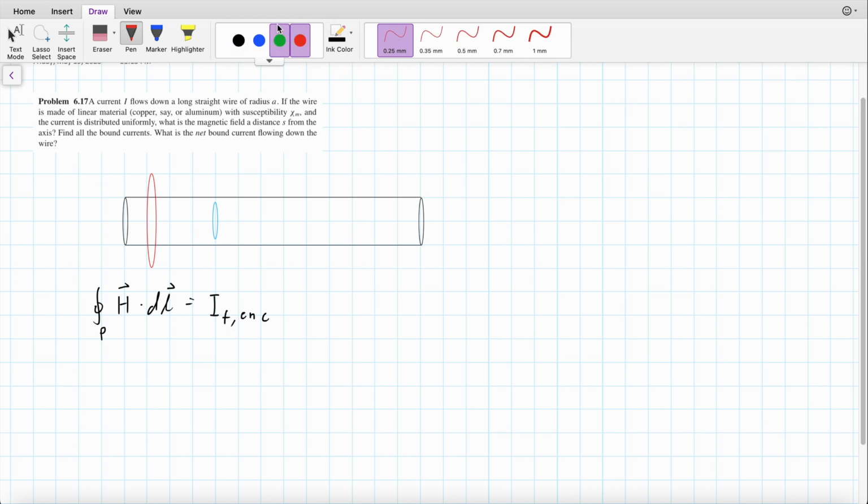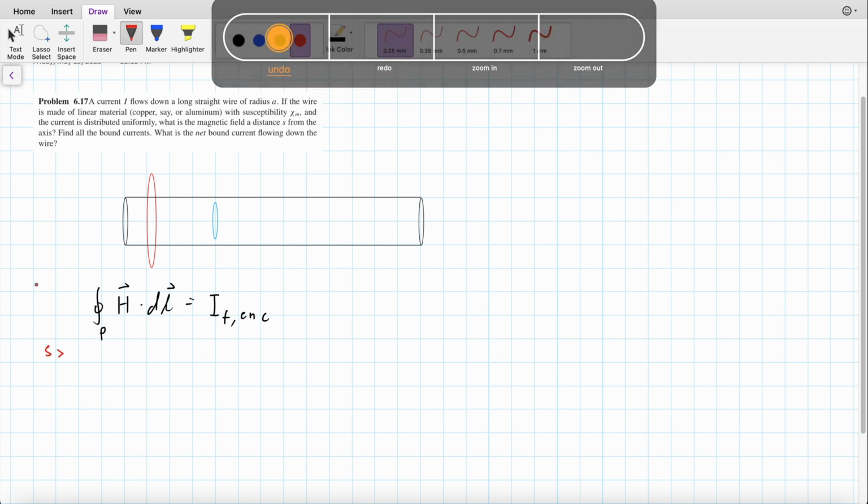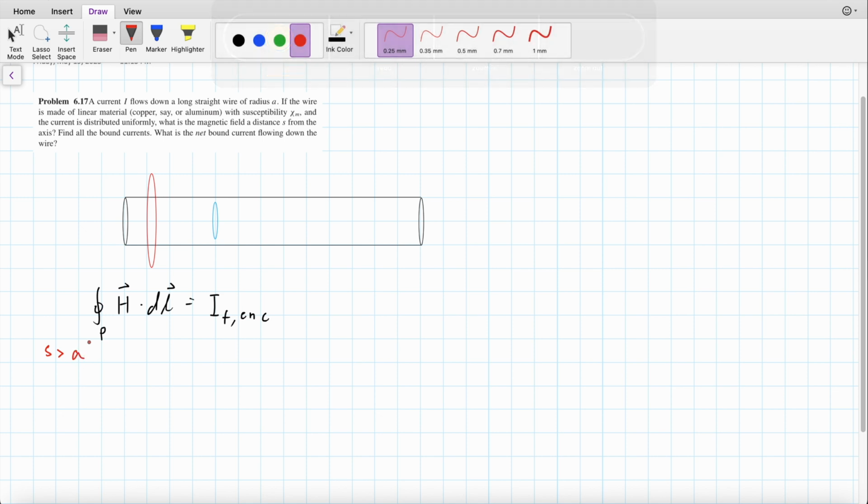Okay, doing this for the outside case first. So s is greater than a. We have H times 2 pi s is equal to I free enclosed.